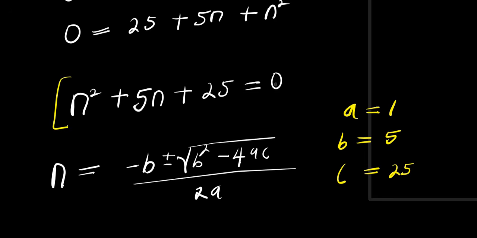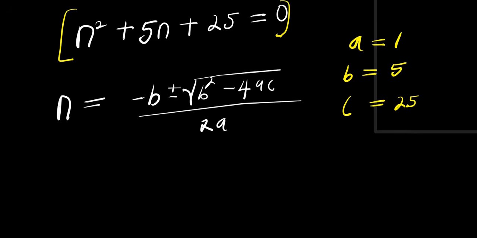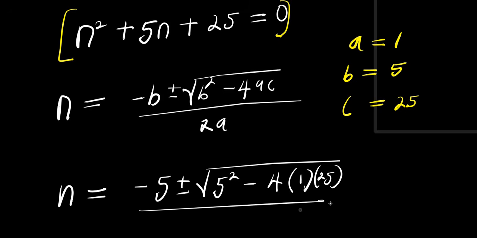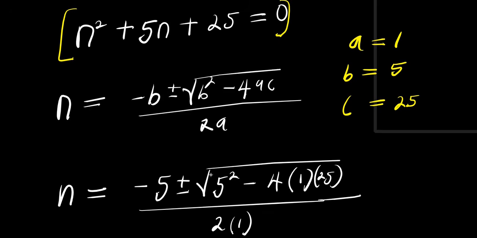Using this, from here we have n equals negative 5 plus or minus square root of 5 squared minus 4 times 1 times 25, divided by 2 times a. That's 2 times 1.